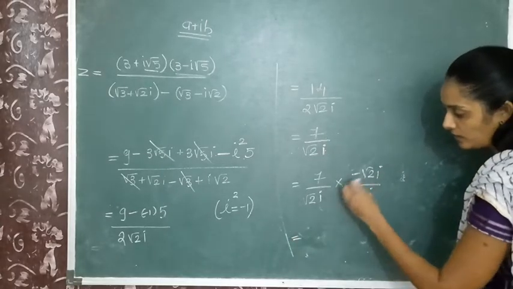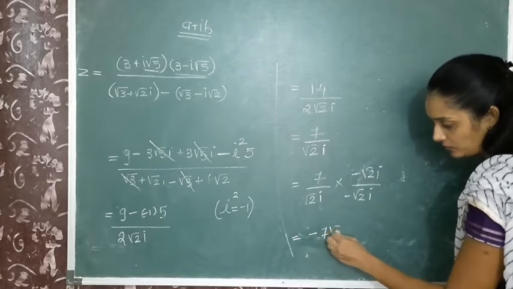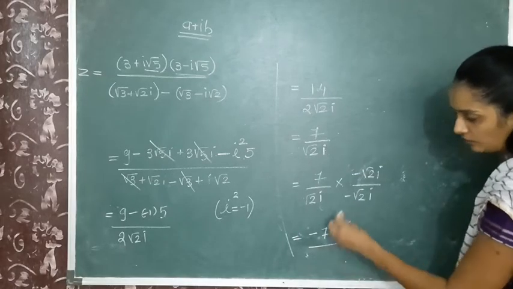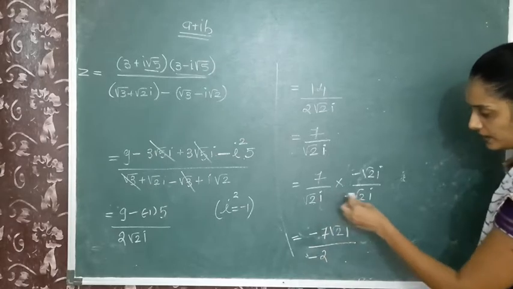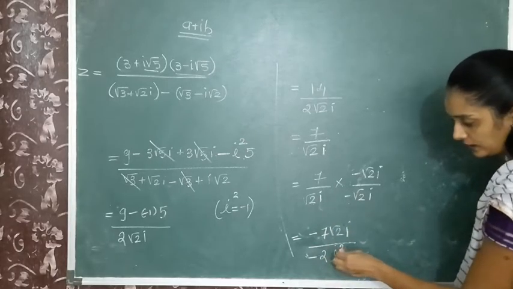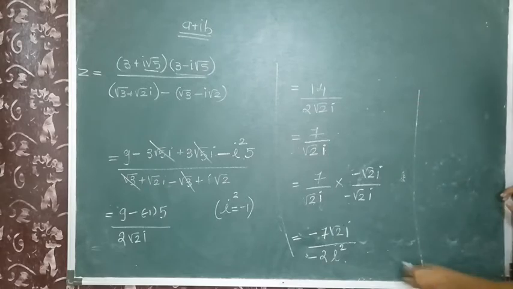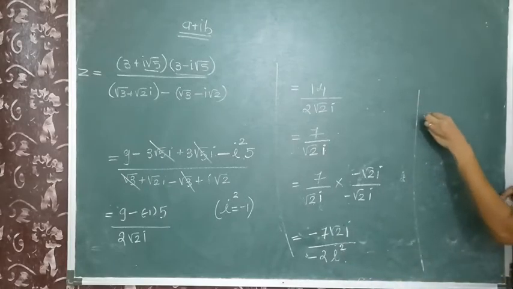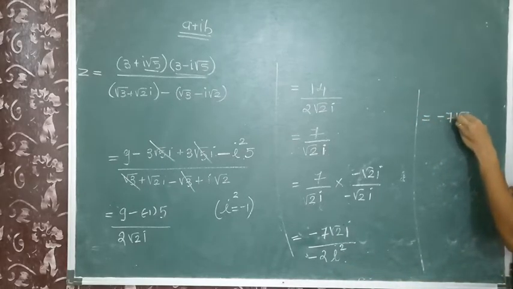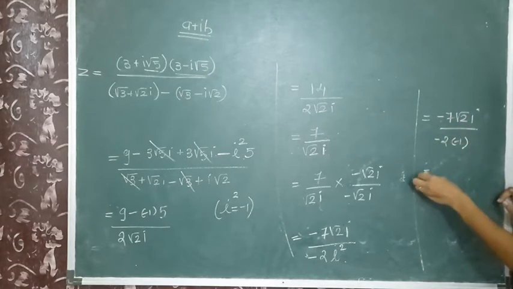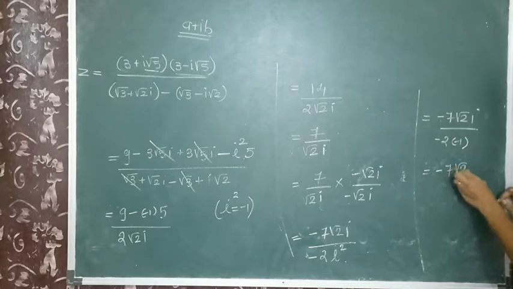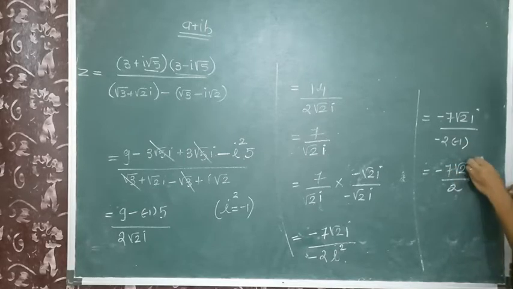So in the numerator minus 7 root 2i, and in the denominator minus root 2 into root 2, 2 i into i square. And as you know, i square is equal to minus 1. So minus 7 root 2i upon minus 2 into minus 1. So minus 7 root 2 upon 2i.